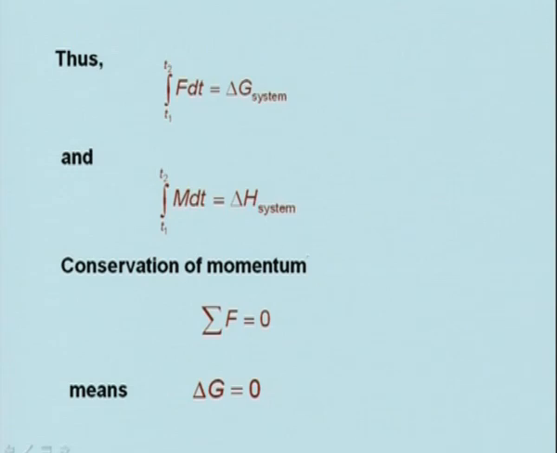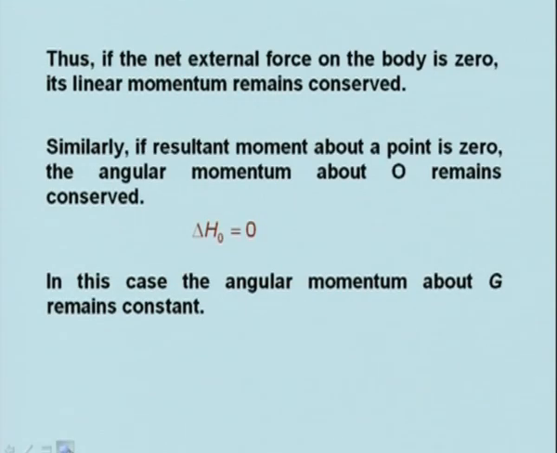Now, conservation of momentum applies here also. If the net external force sigma F is 0, this means that delta G is equal to 0, that is, the combined linear momentum of the bodies or links connected together remains conserved, although their individual momentums may change.